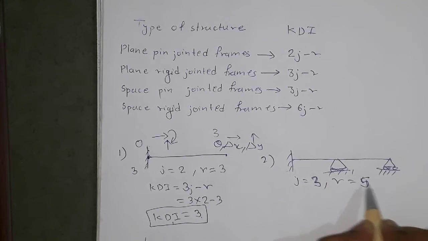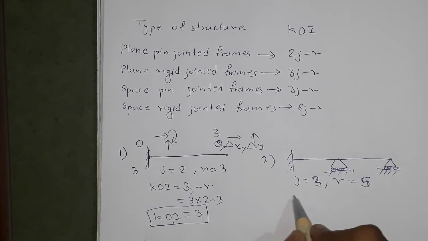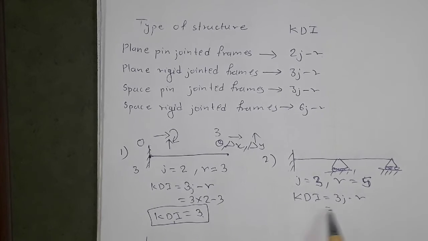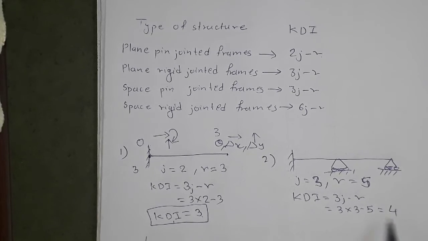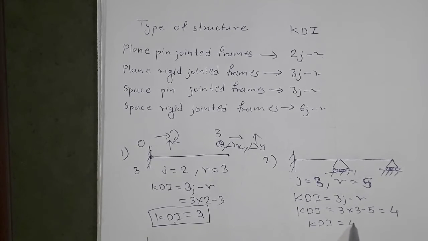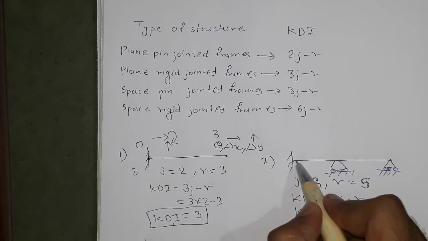Number of reactions will be equal to 5. So here KDI will be equal to, by formula, 3J minus R. So here it will be equal to 3 into 3 minus 5, which will be equal to 9 minus 5, 4. So KDI will be equal to 4 by formula, and we will solve by going to each joint.